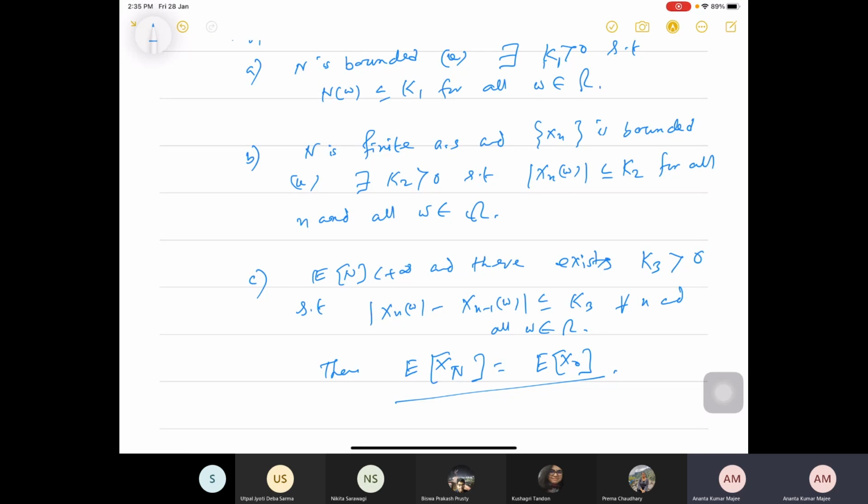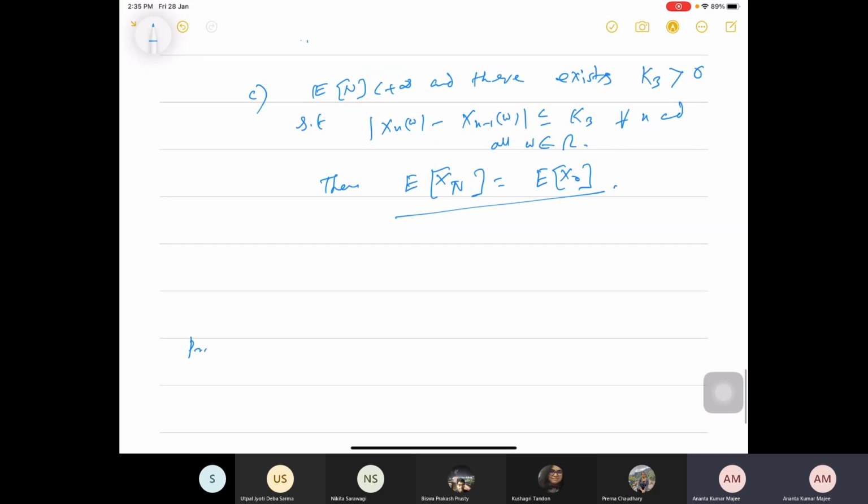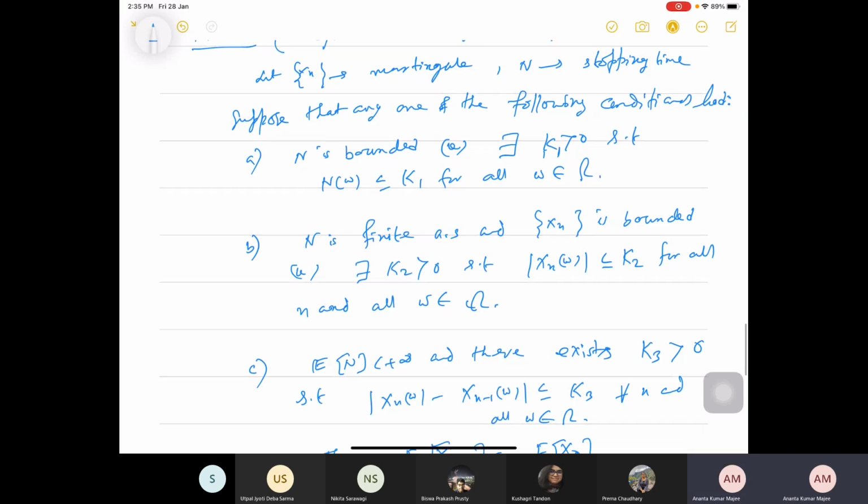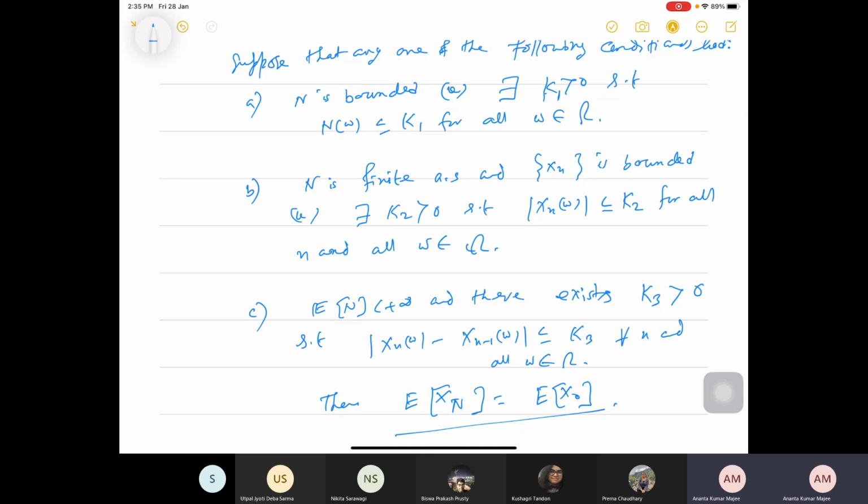So now if you see these conditions 1, 2 and 3, so proof. From here it is clear that in each case my N is finite almost surely, because N is bounded, hence it is finite almost surely. In case B, N is finite almost surely, it is given to you. In case C, expectation of N is finite. Now N is non-negative and its expectation is finite, so N should be finite almost surely, is it not?